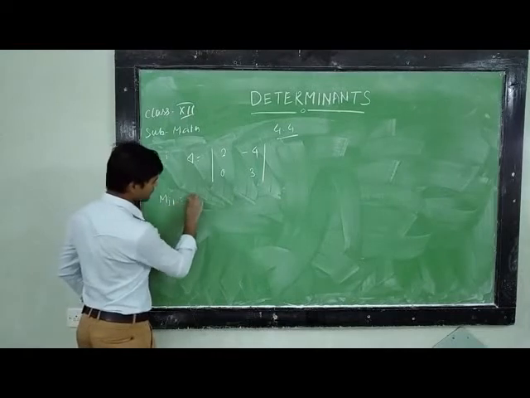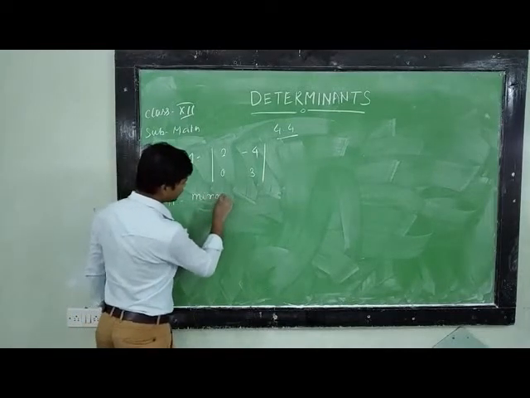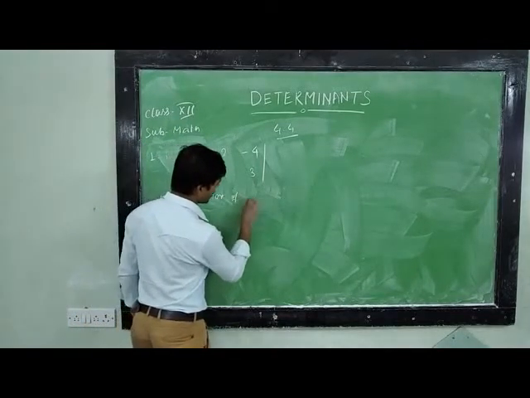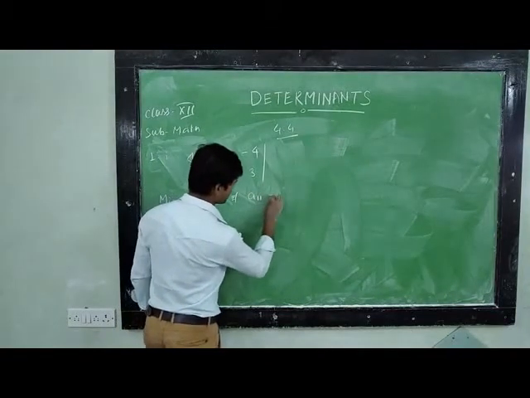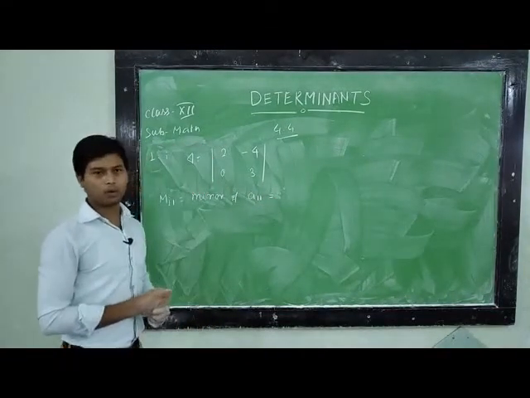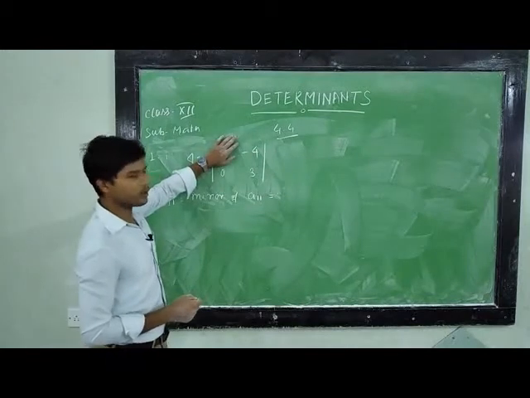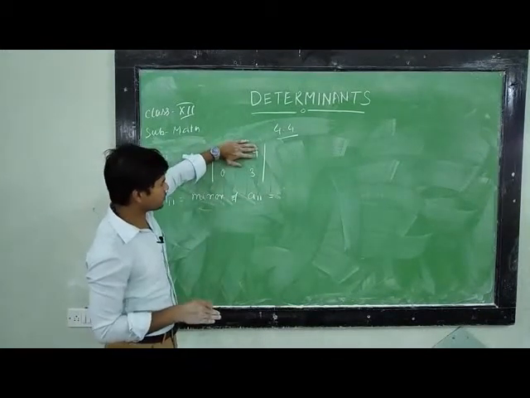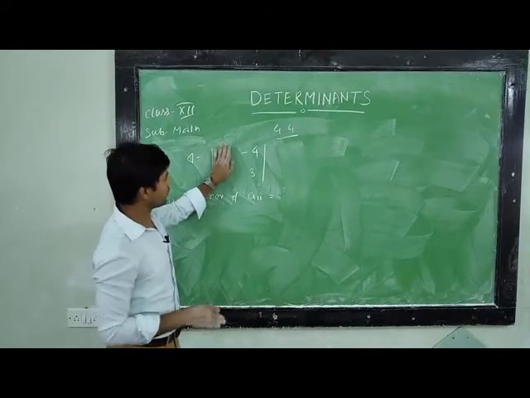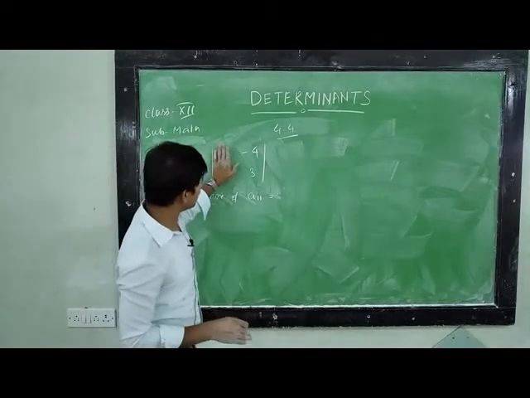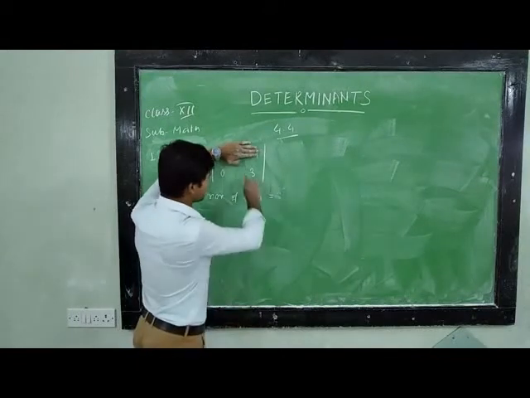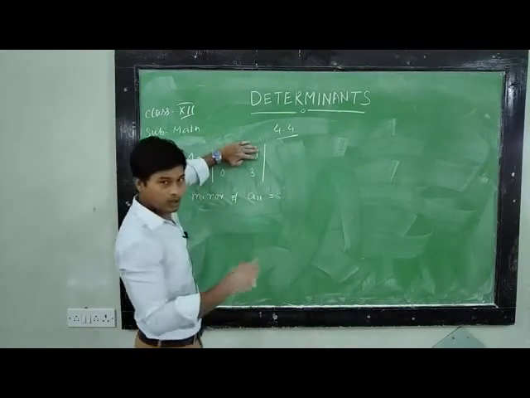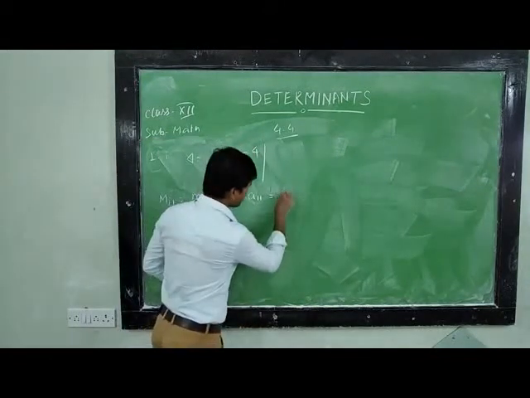M11 means the minor of the element A11. This is our A11 element, so delete the first row and first column. If I cover this column and this row, you can see that one element is left. So the minor will be equal to 3.